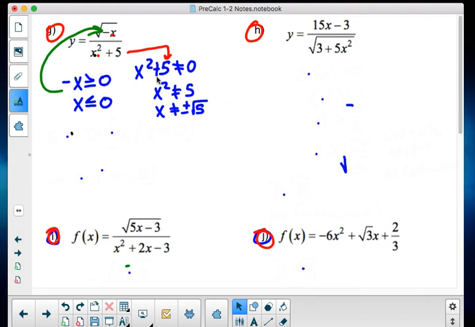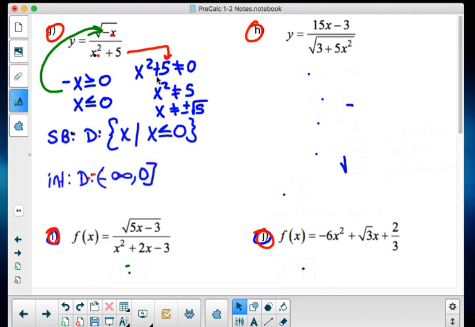So now my domain becomes x such that x is less than or equal to 0. That's my set builder, and my interval notation is the domain as well. Remember, I'm showing both notations. You only have to do one when you're asked. I want to make sure you're comfortable with both, so you can easily go back and forth between them.